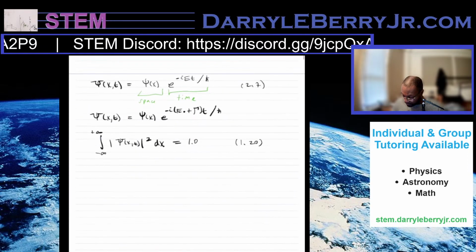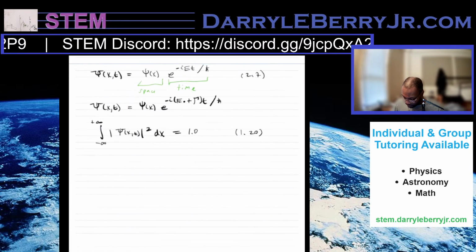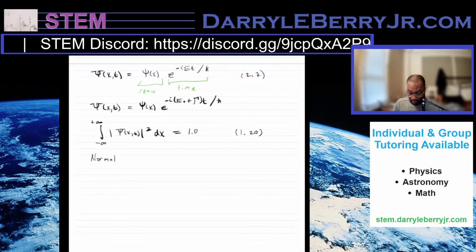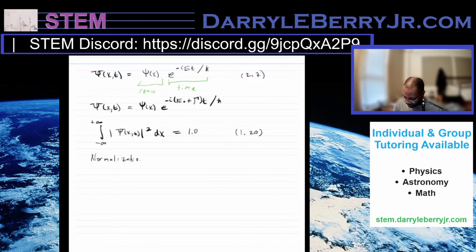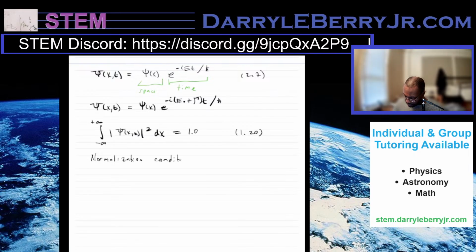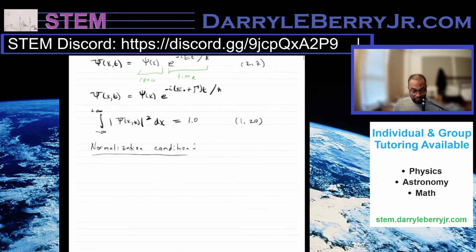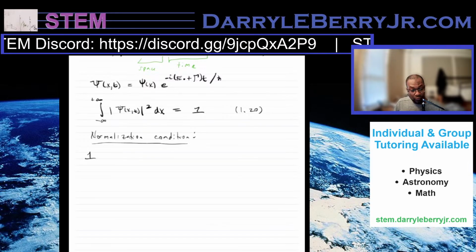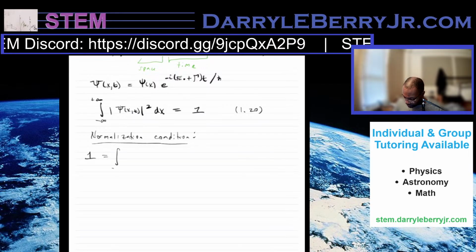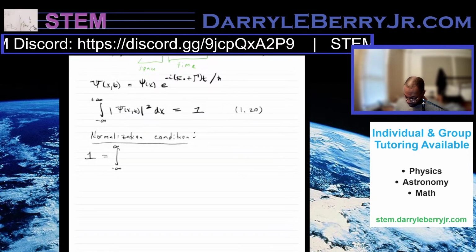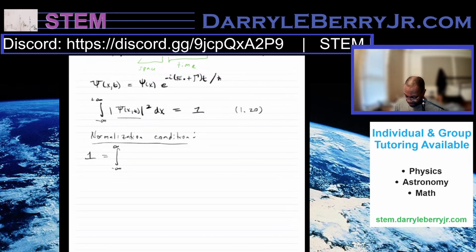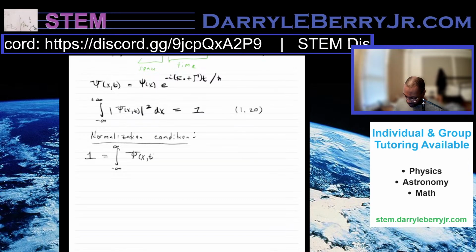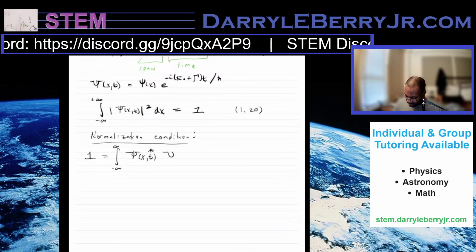So the normalization condition, as we saw before with equation 1.20. Now this mod squared, they call this mod squared sometimes, is actually the complex conjugate of the function times the function.